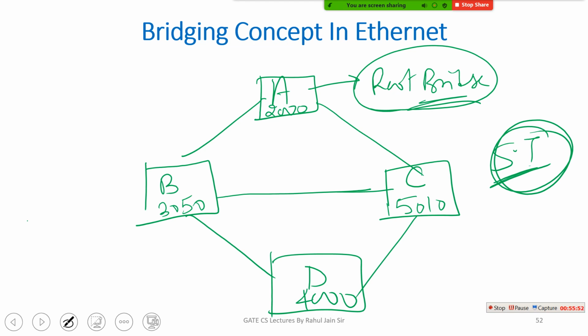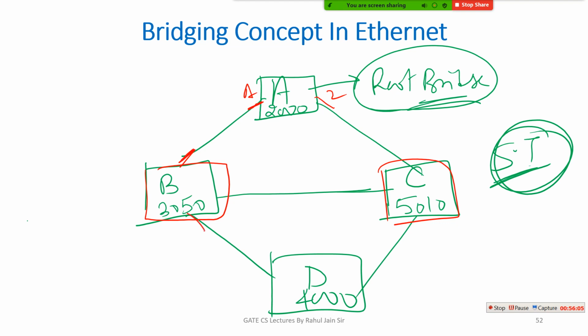if I consider B and C, then you will observe that I need to construct the root port. So suppose these are port 1 and port 2, you can consider any port. These are the 2 ports for this bridge, these are the 3 ports for this bridge, 3 ports for this bridge, and 2 ports for bridge D. The root port will be on the side which is connected closest to the lowest root ID.